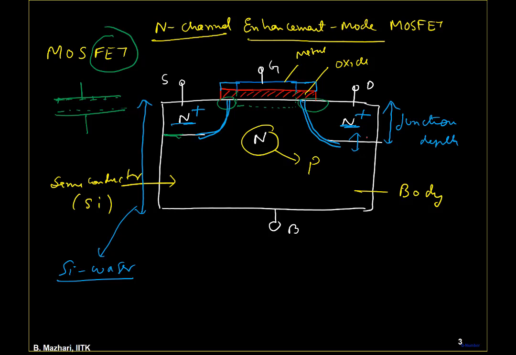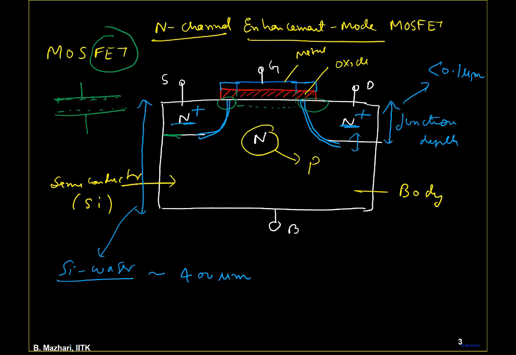So the diagram gives a false impression, as if the junction depth that you see here is a significant fraction of the wafer thickness. Now, the trouble is that the silicon wafer thickness is around 400 micron thick, while the junction depth is less than 0.1 micron.